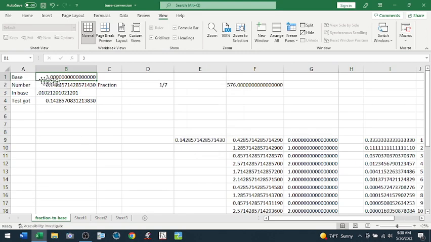Okay, so the base is 3. The number is 1/7. Okay, so this is representing 1/7 in base 3. That's what I get. It's a repeating decimal. The repeating part is 010212. You see that's repeating.